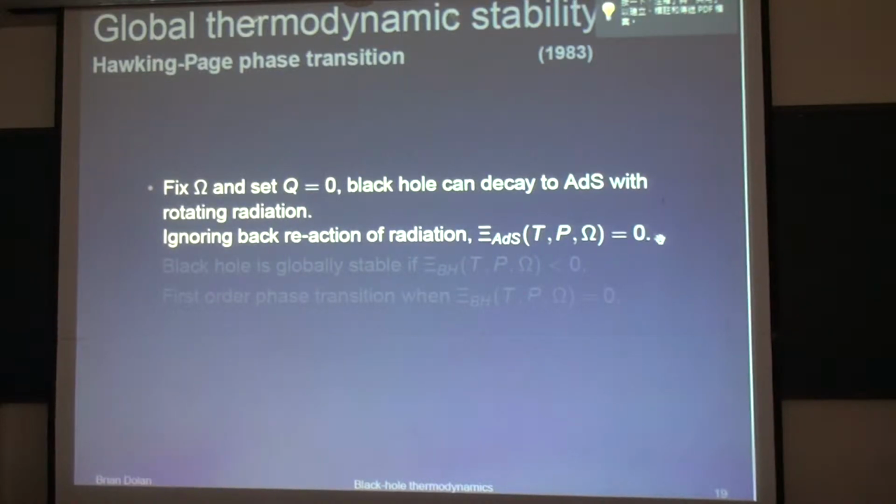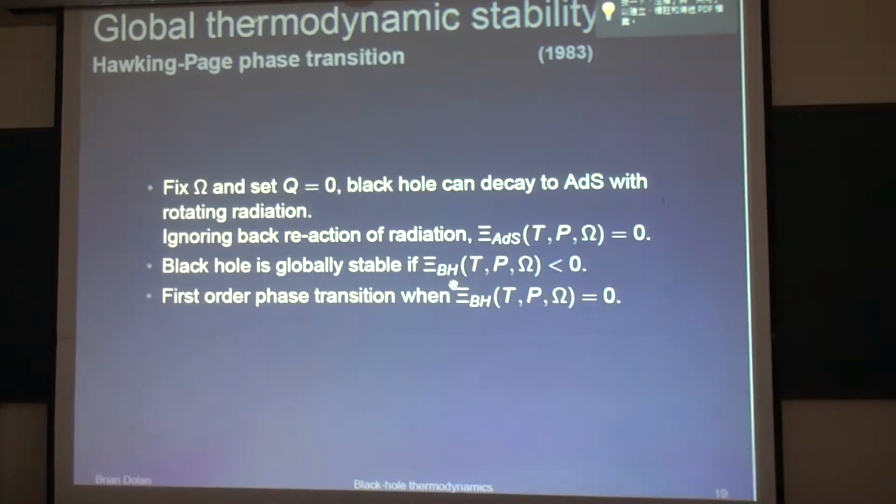For anti-de Sitter space with radiation in it, if you know the back reaction of radiation is just zero, the black hole will be globally stable if its extended Gibbs energy is negative. And so there'll be a first order phase transition when the Gibbs energy of the black hole is zero. If the Gibbs energy of the black hole becomes greater than zero, then the black hole will just decay.